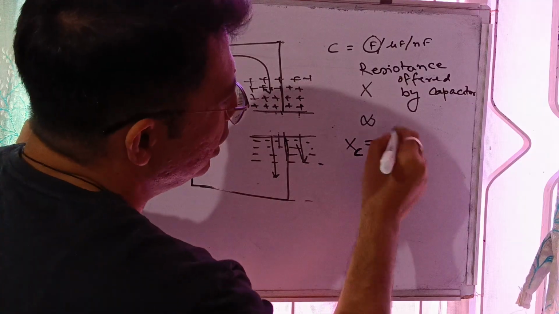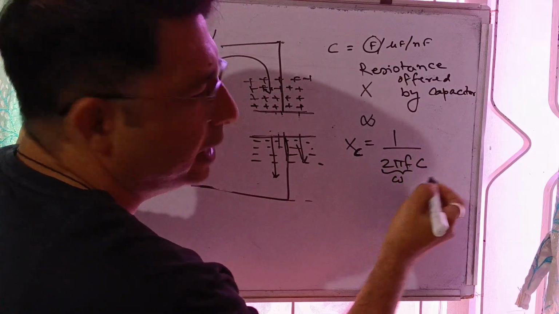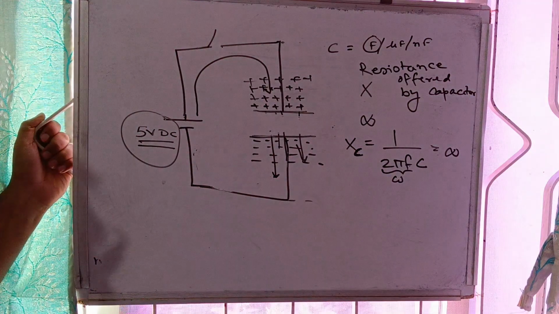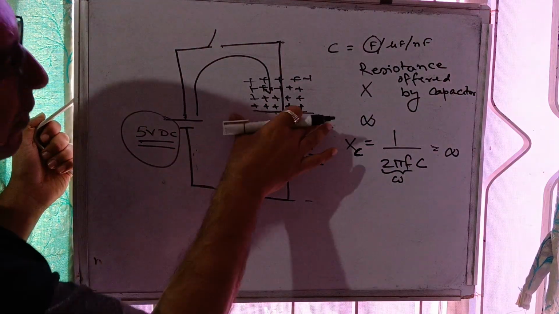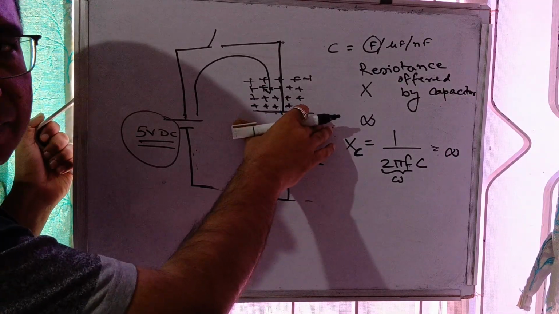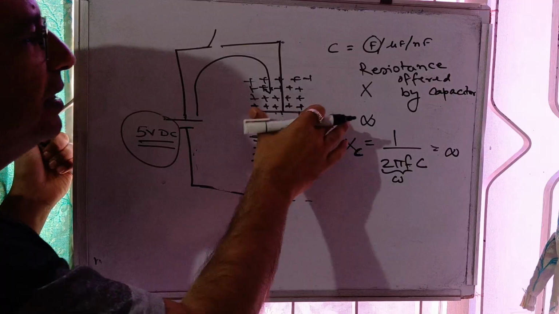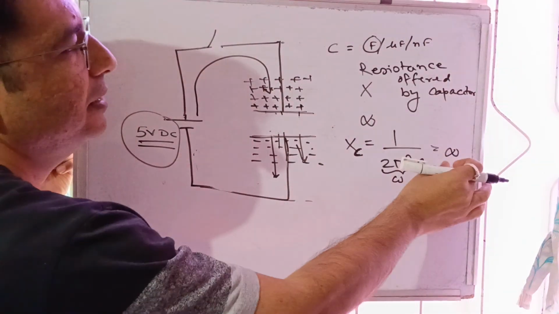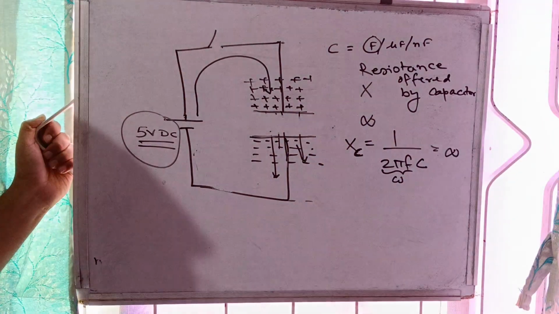F is 0 means what? It sits in the denominator, so this becomes infinite. So in DC, this offers infinite resistance. So this capacitive reactance is infinite in case of DC.